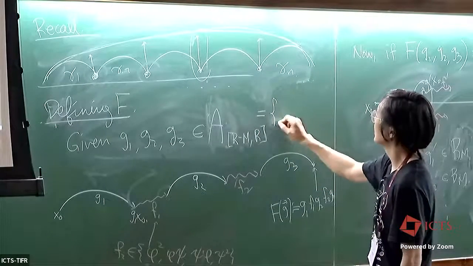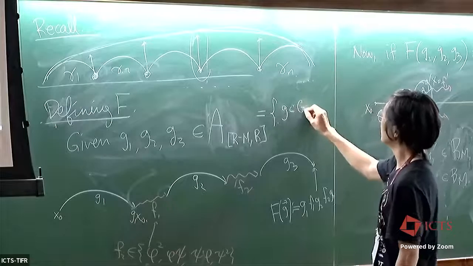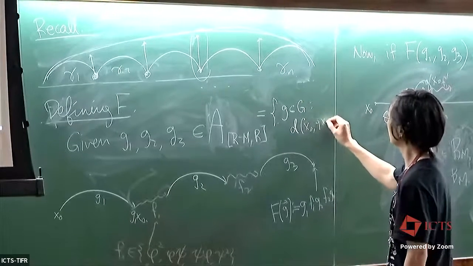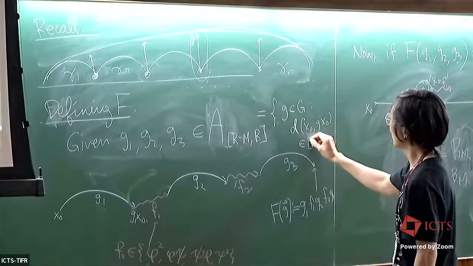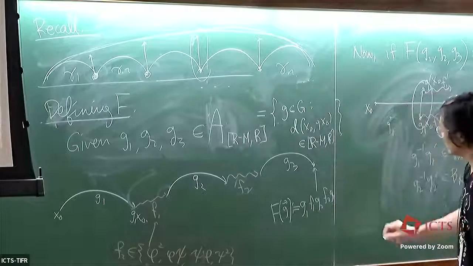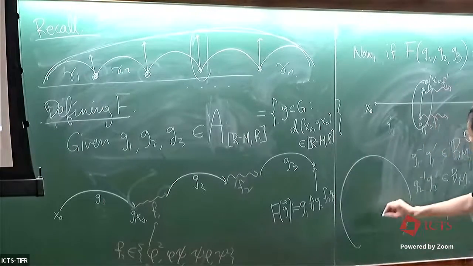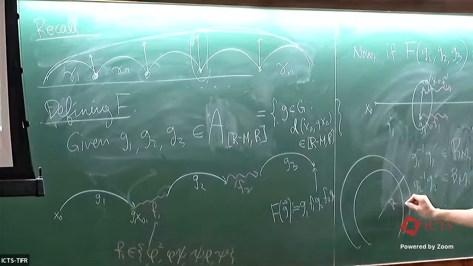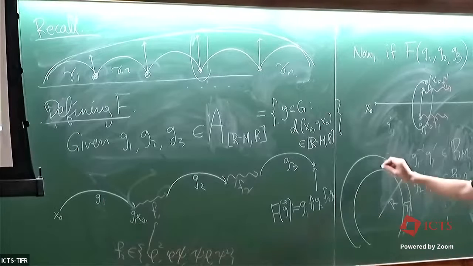This means the elements whose displacement lies in R minus M to R. Pictorially, this is the ball of radius R, but you just make a thin shell of thickness M, and you collect all the orbit points residing in the shell.